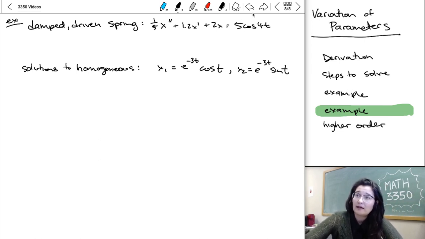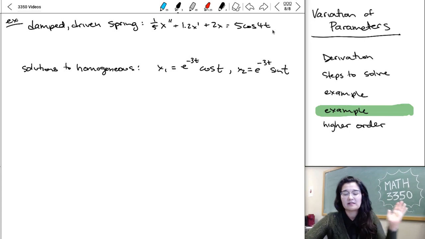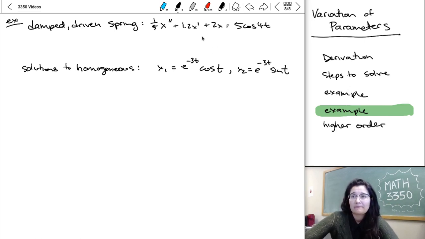And the driving is on the right-hand side of the equation. It's this 5 cosine 4t. So it changes in time. There's this cyclic pushing that we're doing to the spring. And then on the left side are the physical things of the spring, like its mass and its spring coefficient and the drag it's experiencing.